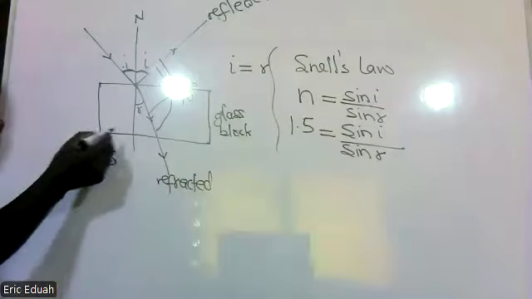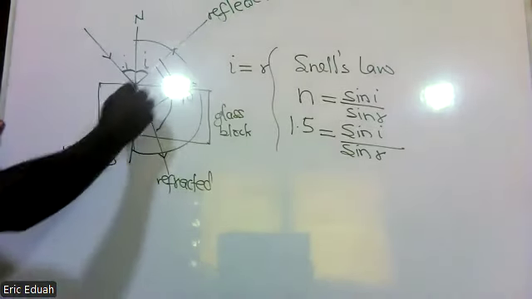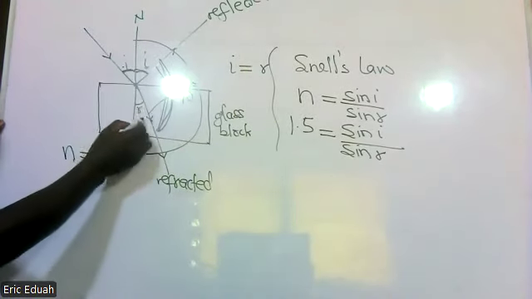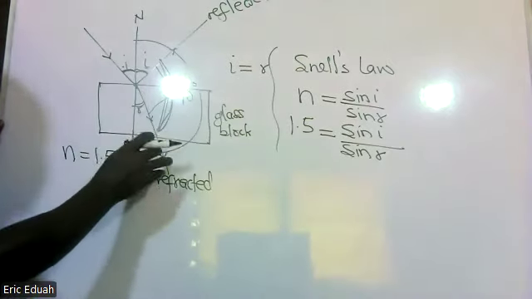Meanwhile, this whole angle must sum up to be 180. So if this is 90, then it means that this angle plus this angle must also sum up to be 90. So that in total we'll have 180.